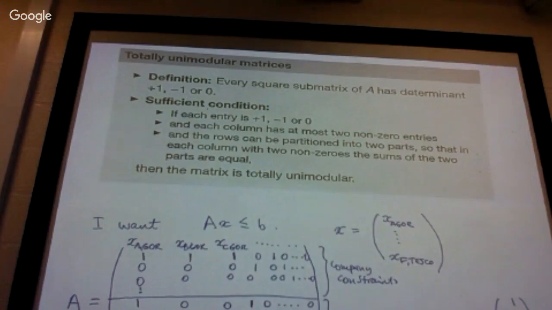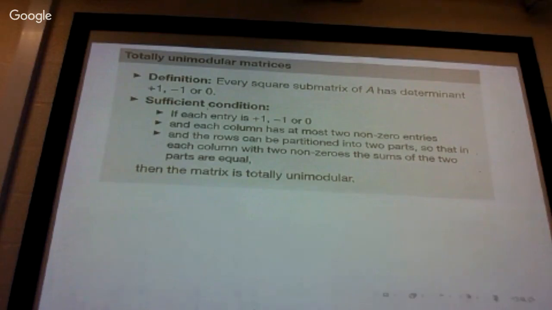The definition of a totally unimodular matrix is that whenever you pick a square submatrix, so you select a few rows and the same number of columns, and wherever they intersect, you pick those numbers and take the determinant, if the determinant is always +1, -1, or 0, then the matrix is called totally unimodular. So what does that mean? Well, it's kind of not clear.